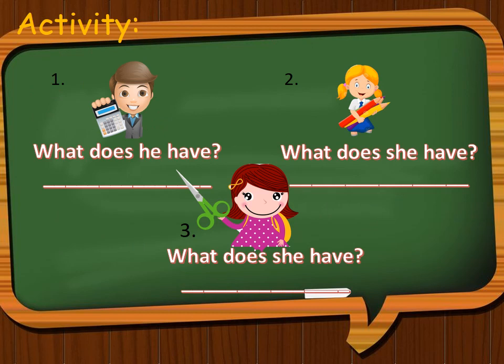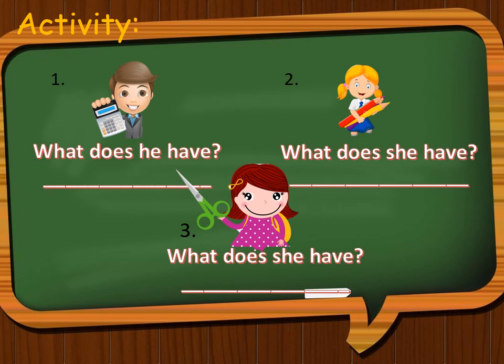Activity. So in your notebook, please write the following questions and then answer them based on the pictures that you have seen, based on the objects that the boy or the girl is holding. Number 1, what does he have? Number 2, what does she have? And number 3, what does she have?